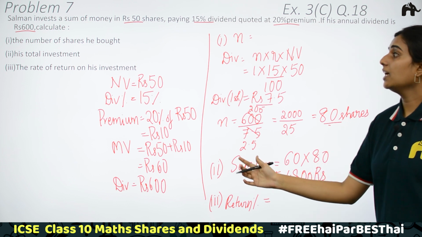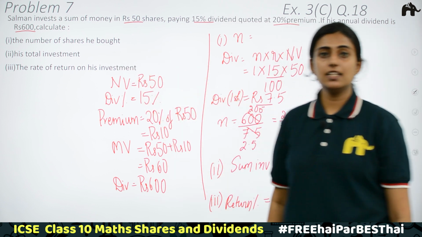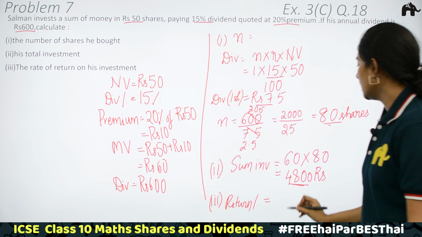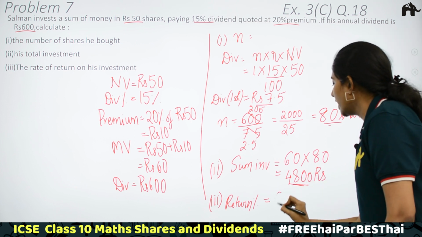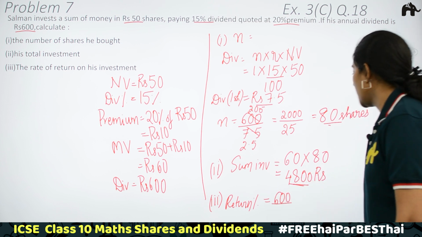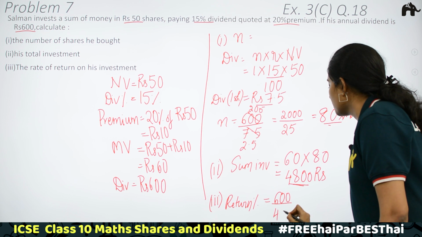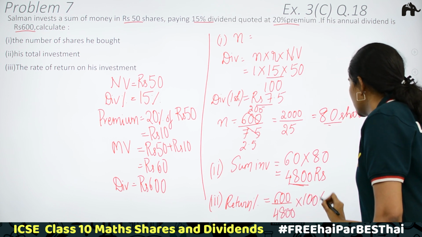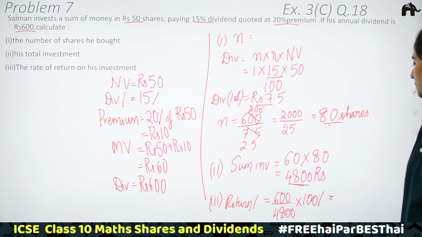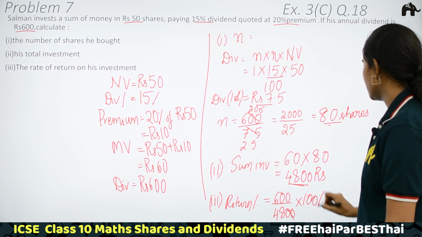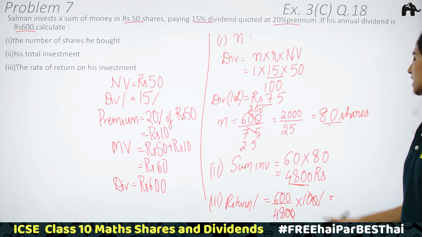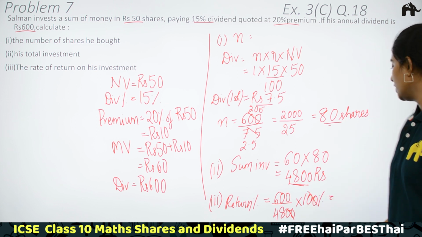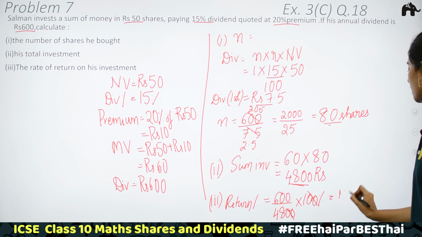No. But we determined the total investment in the second part. So the income is 600 divided by investment 4,800 into 100%, which is equal to, cancelling zeros, 600 divided by 48. When you do the calculation, you will be getting 12.5%. Clear?